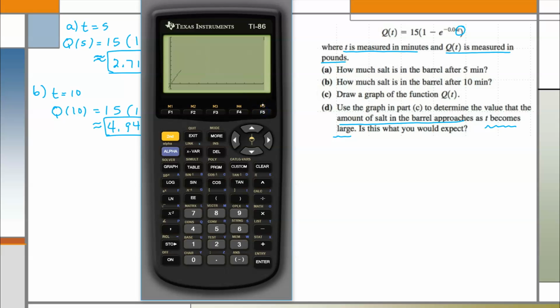We hit graph. Okay, we start to see that amount of salt leveling off, but we still need to play with our window. Let's go to, say, 100 minutes, and then let's go with, say, 20 for the amount of salt, which is our y-axis.